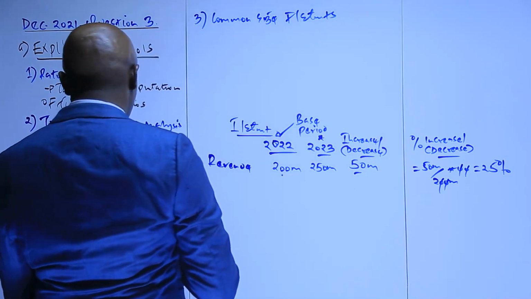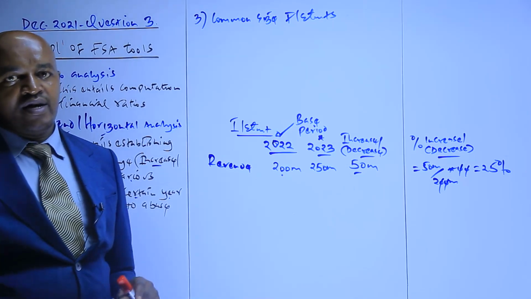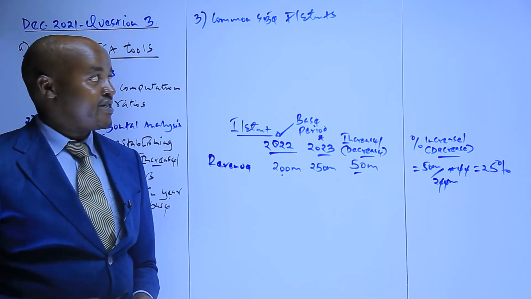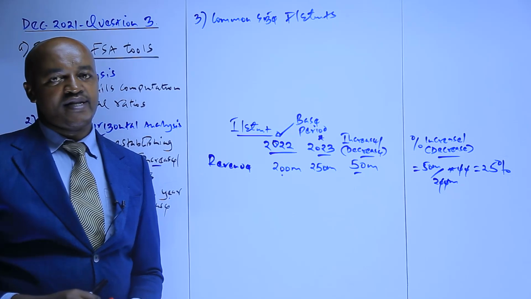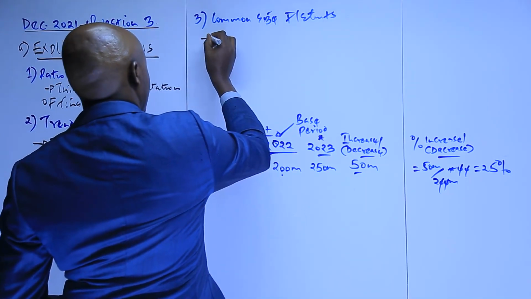Common size financial statement. These are the financial statements which are prepared by expressing all items in the financial statement as a percentage of a certain base item. So here, all items will be expressed as a percentage.